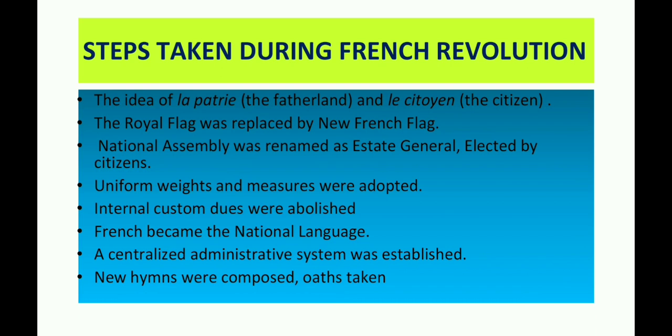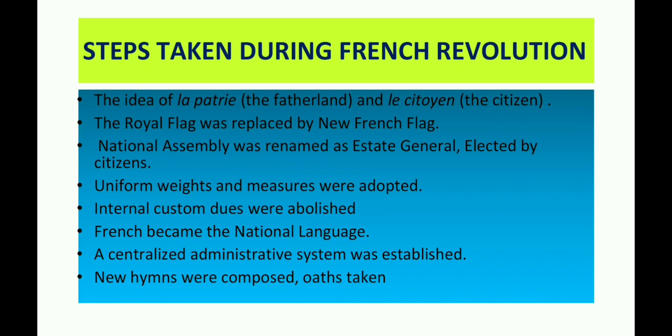The fifth one is that all internal custom duties and dues were abolished. The sixth step is that French was adopted as the common language in France, and the use of regional dialects was discouraged. The seventh step, a centralized administrative system was created, and this system formulated uniform laws for all the French citizens.